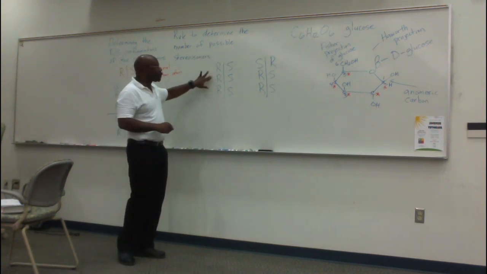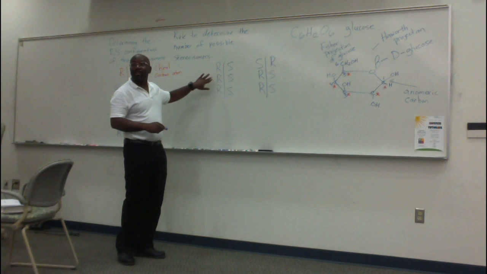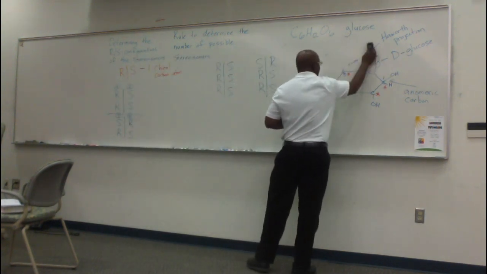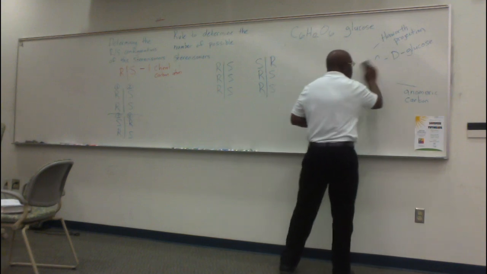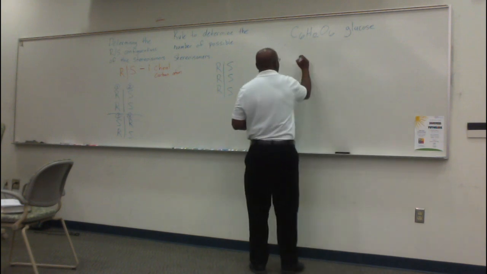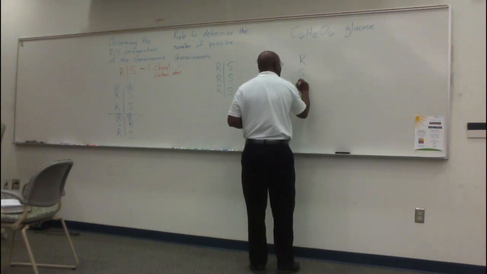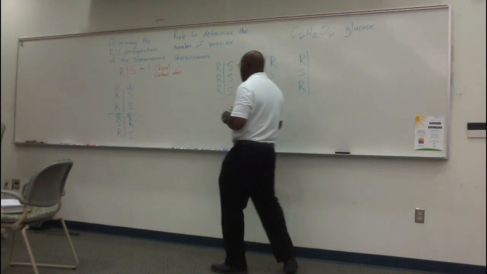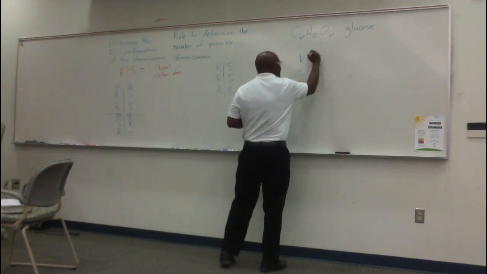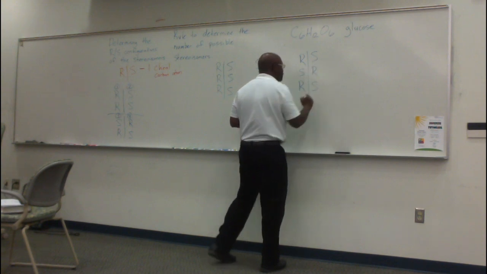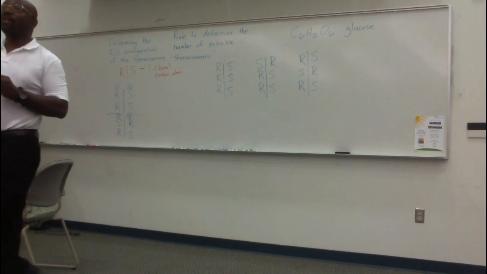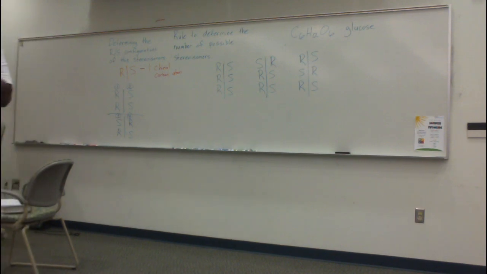This time I'm going to start with my initial one again, and change the second letter. R, S, R. The mirror of R, S, R would be S, R, S. Notice I changed my first letter, then my second letter.